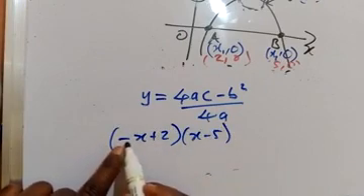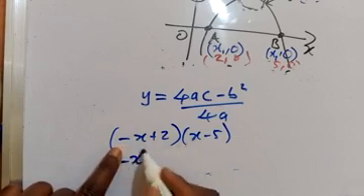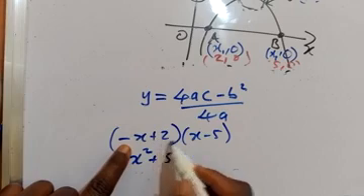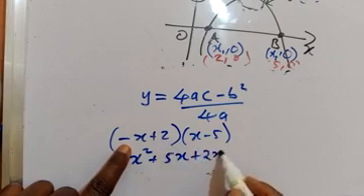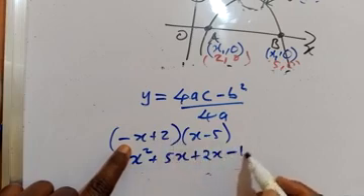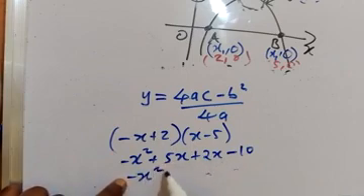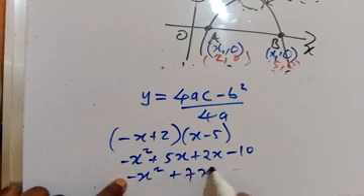So I'll start multiplying. This times that, I'll get negative x squared. This times that, I'll get positive 5x. This times this, I'll get positive 2x. This times that, I'll get negative 10. Then I'll add these because they are like terms, so I'll have negative x squared plus 7x minus 10, isn't it?